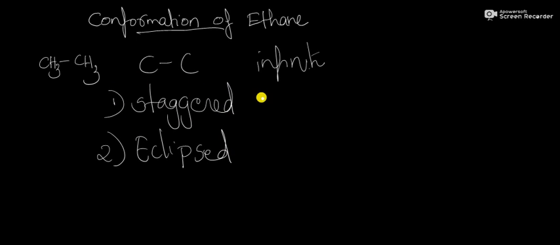What do you mean by staggered conformation? In staggered conformation, the hydrogen atoms on one carbon are situated as far apart as possible from the hydrogen atoms on the other carbon. Whereas in eclipsed conformation, the hydrogen atoms on one carbon are as close as possible to the hydrogen atoms on the other carbon.